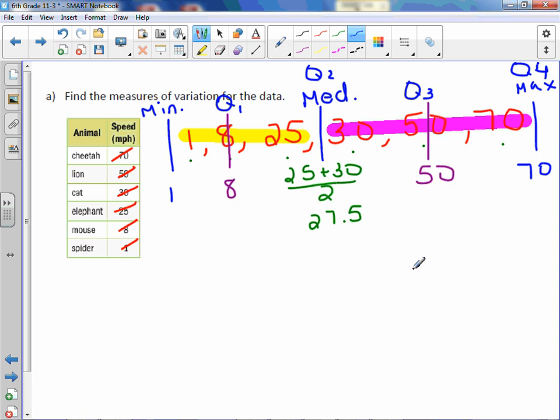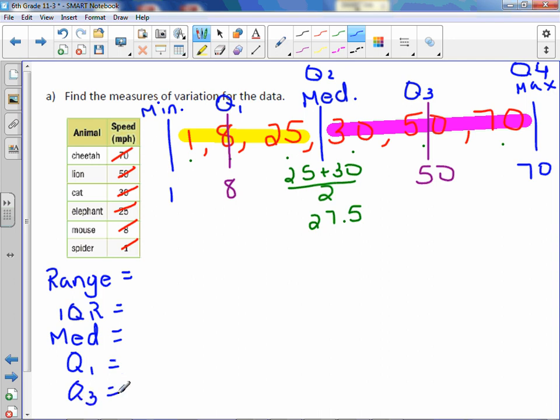Now let's find the measures of variation. The measures of variation, we have our range, we have our interquartile range, our median, our quartile 1, and our quartile 3. Let's fill in what we know here.